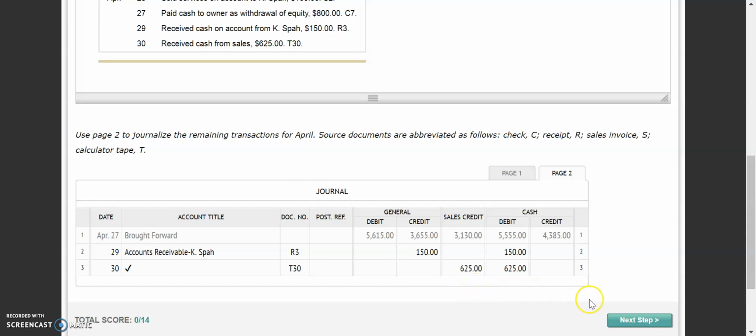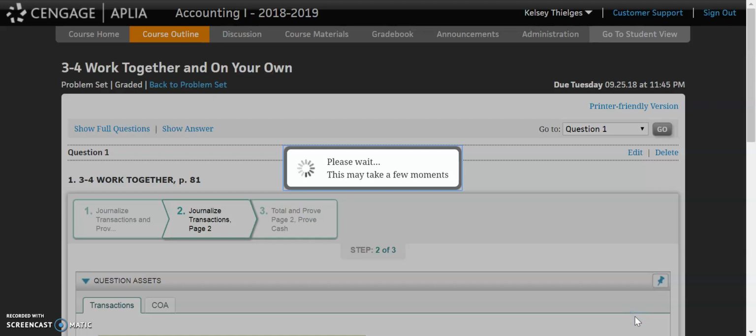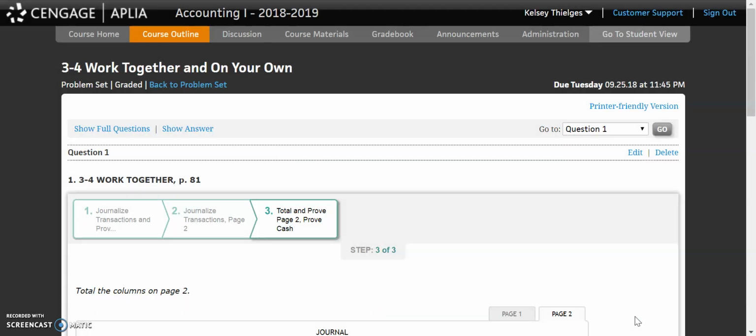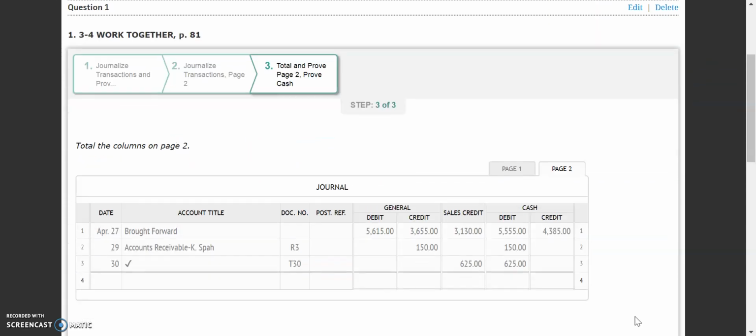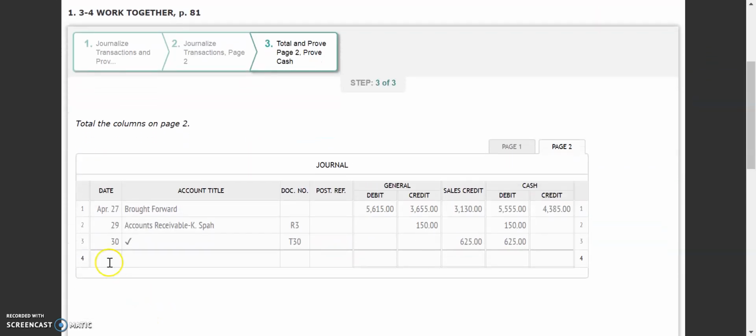We've journalized our transactions. Now it's time to do our totals for the month. So regardless of where you are, if you've hit the end of a journal page or not, at the end of the month, we always total and rule our journal. So you can see technically, as I scroll down here, we're only on line 4, and that's fine.